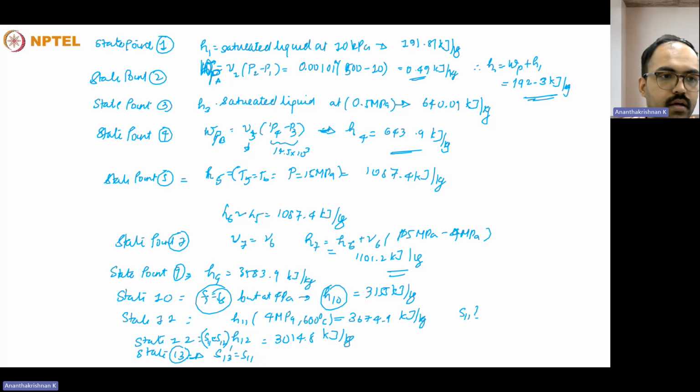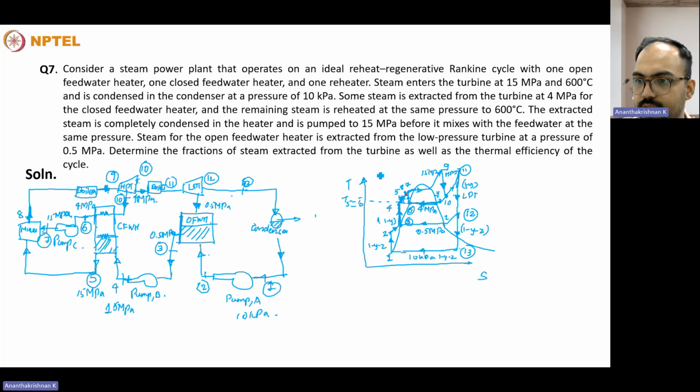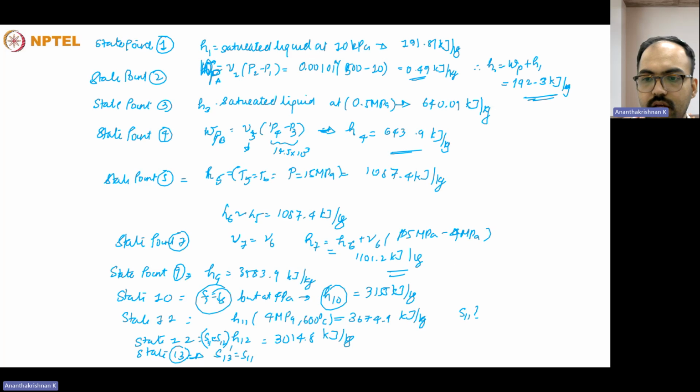and the whole entropy will be the same. S11, S12, S13 will be the same, and corresponding to 10 kilopascal you have to find the quality of the steam.